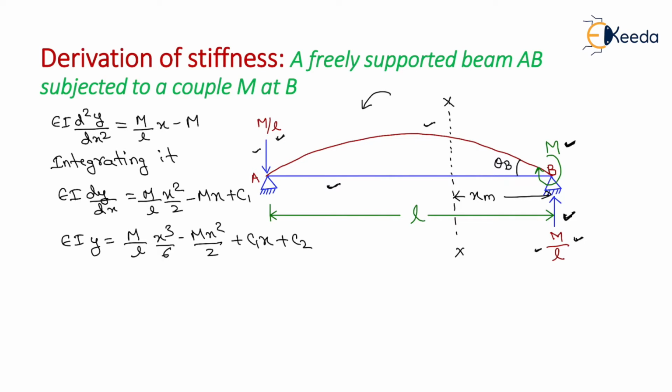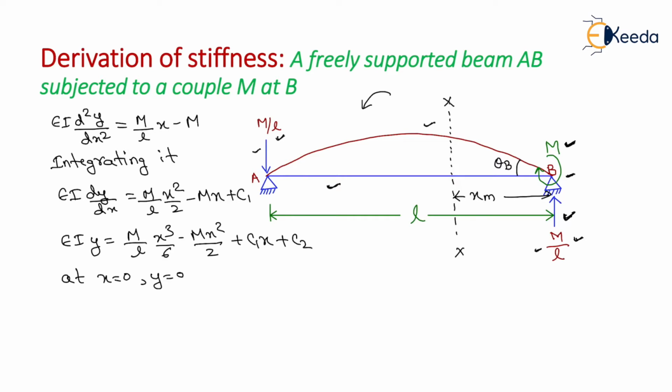Okay students. Now we need to use the boundary condition here, that at x equals 0, y is equal to 0, because there is no deflection of support B in the downward or upward direction, that is, the vertical displacement is equal to 0.